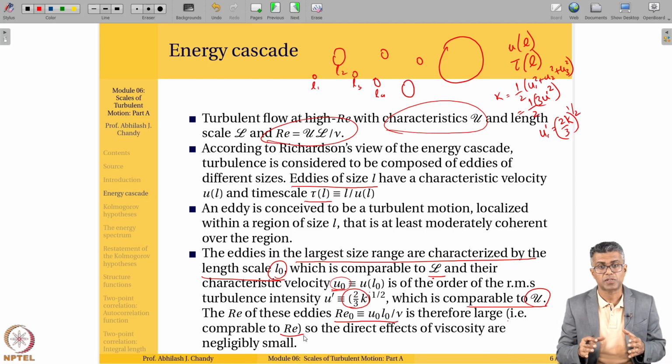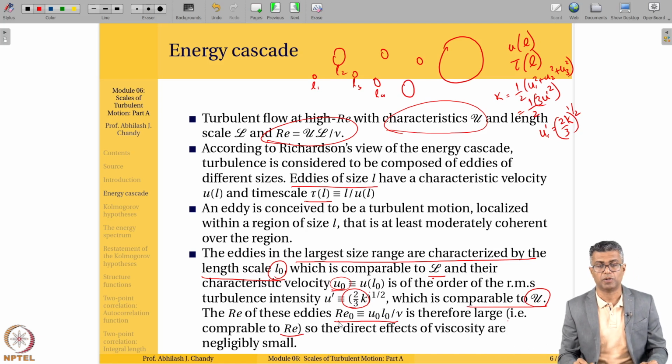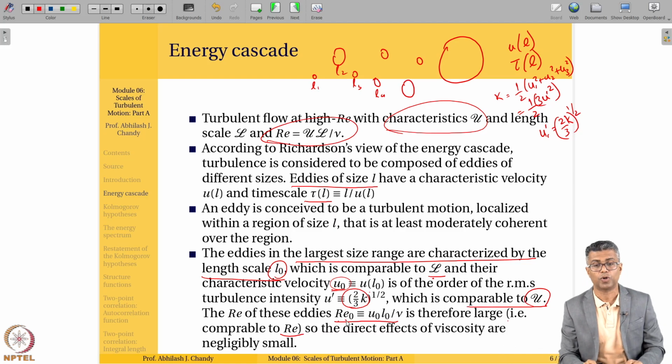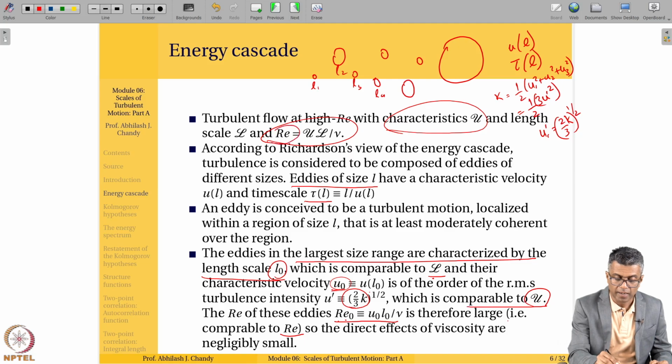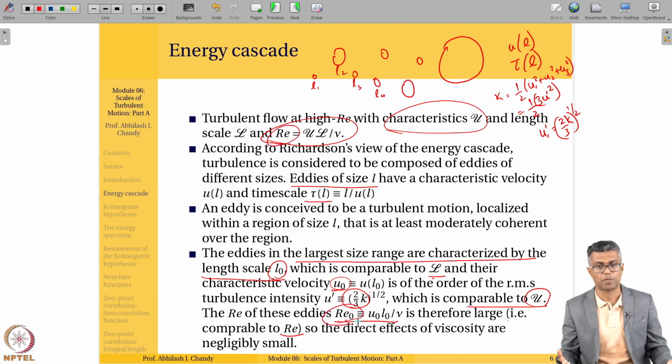So all of this means you can have a corresponding large scale Reynolds number. This is the local Reynolds number associated with the largest eddy. So Re0 is U0L0 over nu. And this is obviously going to be a large value because we are talking about a turbulent flow. If this Re is large, this Re0 is also large because they are of the same order of magnitude, which means the effects of viscosity are negligible at this length scale.